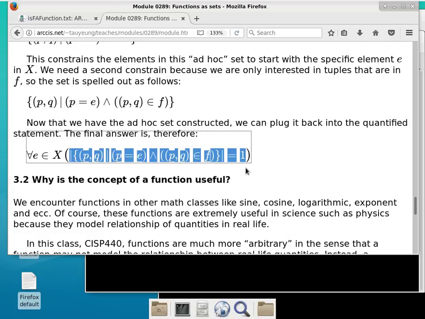Yes. Okay. So you can look at this for all symbol as for all or for each. You can say for each or every. So for every e in x, the following has to be true. Looking at these alternative ways of describing the same symbol can be helpful because I know what for all is, since I've used it for many years.